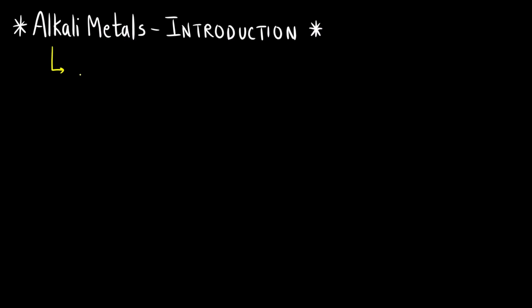This we had already seen in one of the first videos of this series, that is Introduction to Periodic Table. There we had seen alkali metals belong to which group? Group 1. Okay, and what are those elements?